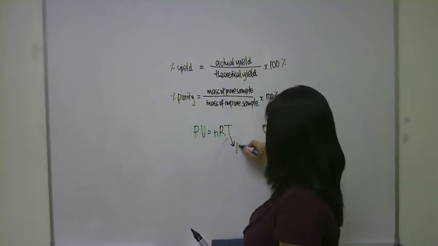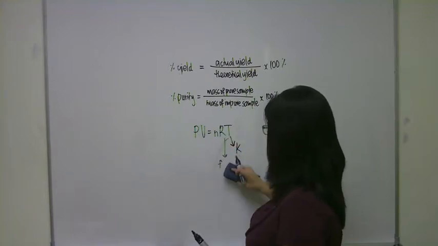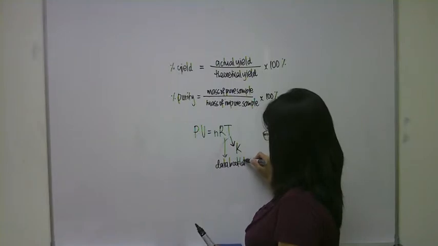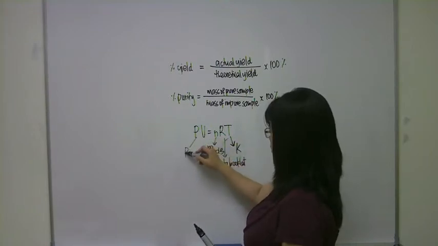Temperature is in Kelvin. The value of R is given in the data booklet, so students are not required to remember it. And n, as you know, is the number of moles, while P is pressure and V is volume.